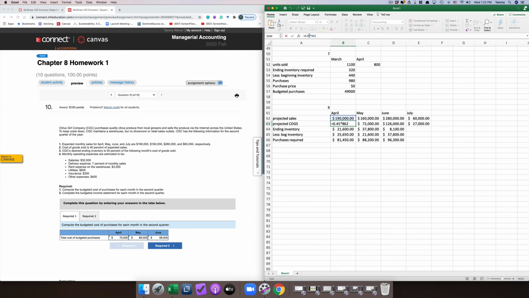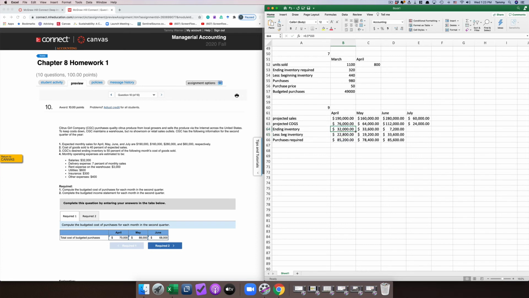Now, if I had made an input area, like I tell you guys to, this would have been even easier to do, but I'm doing this sort of the lazy way. And then our ending inventory is 50% of the following month's cost of goods sold. So we change the calculation here for the ending inventory. We replace that 30% with a 50%.